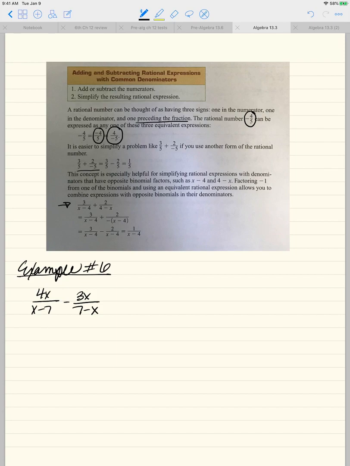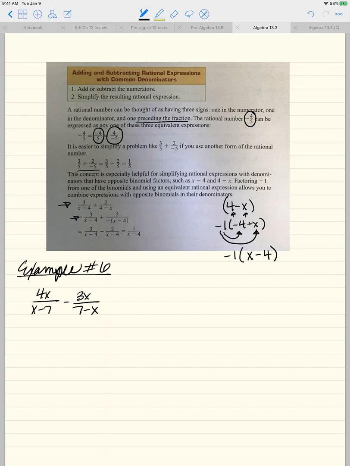So we kept the first one the same, 3 over x minus 4, and in the second factored out the -1 because if we start with 4 minus x and we factor out -1, that gives us -4 plus x, because -1 times -4 would be +4, and -1 times x would give us -x. Rewrite that as -1 times x minus 4.